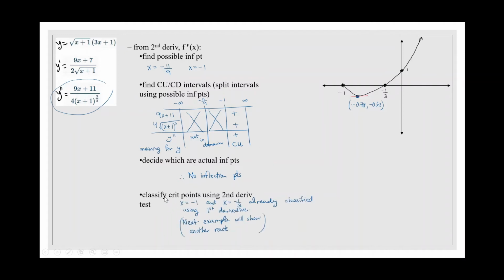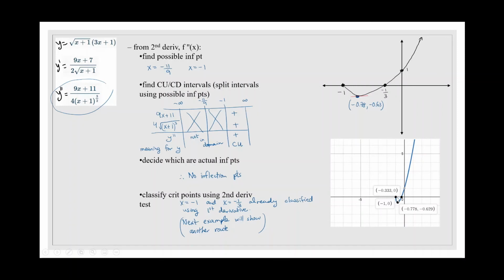And then this particular step says you can classify critical points using the second derivative, but we've already classified those using the first derivative. So in our next video, we can talk about how to do it with this other method.